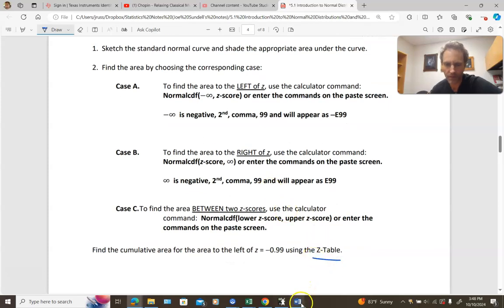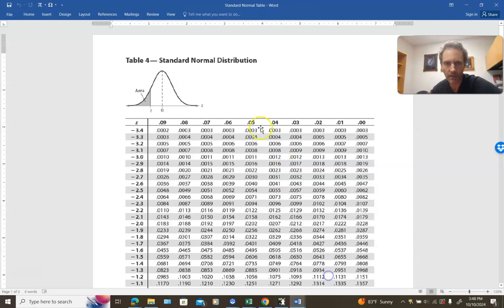Okay. Okay, so this is a picture of one, guys. So the z-values are listed over here to the nearest tenths place, and then to get the hundredths place, you look in this row. Okay. So our z-value was negative 0.99.